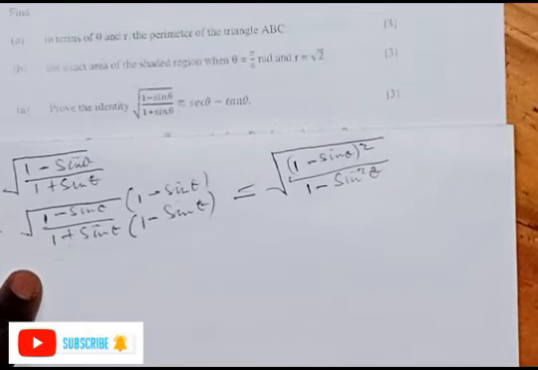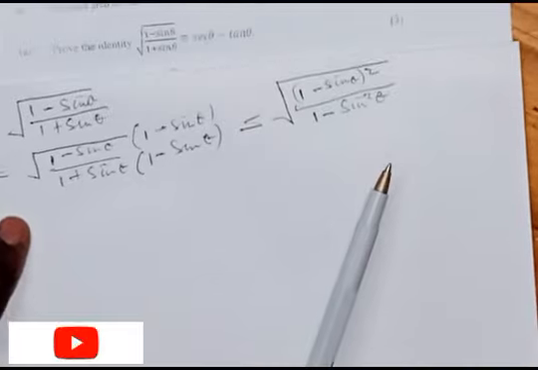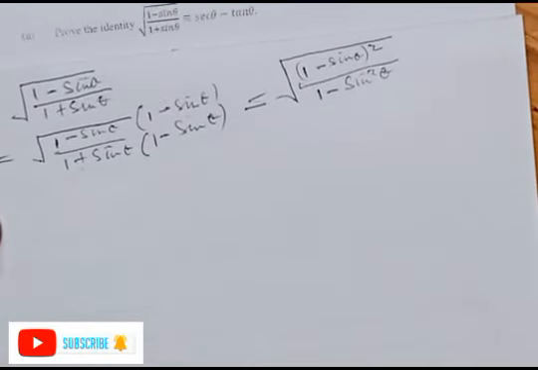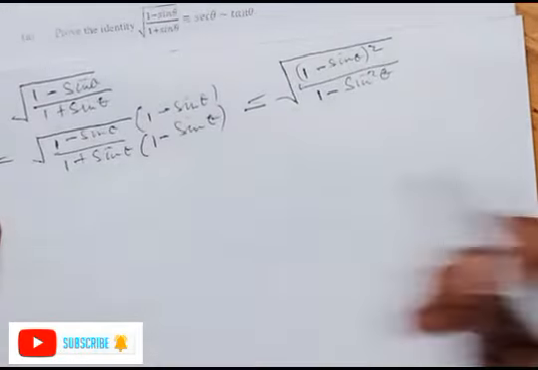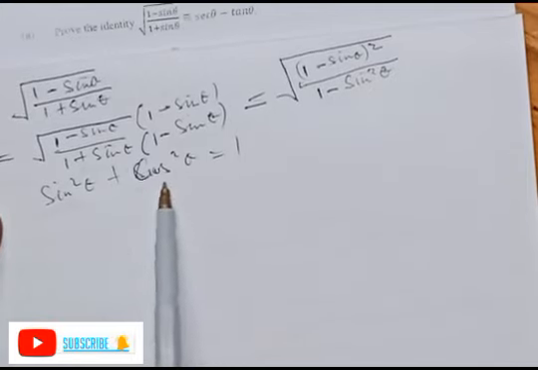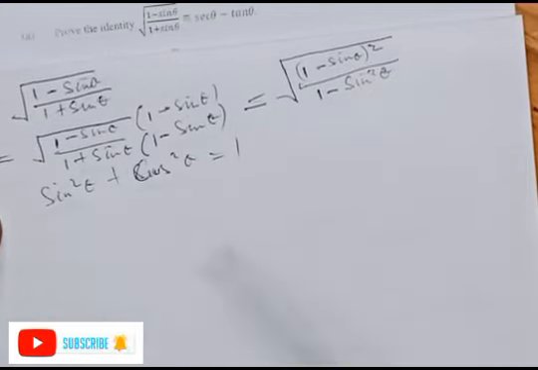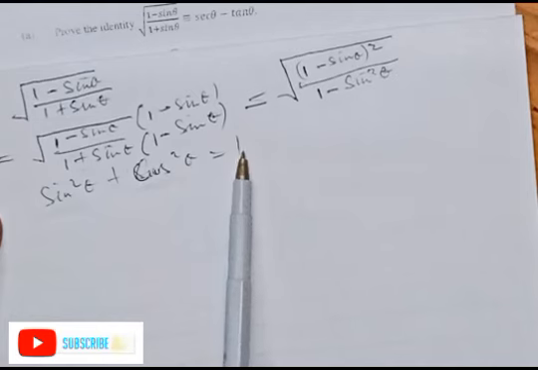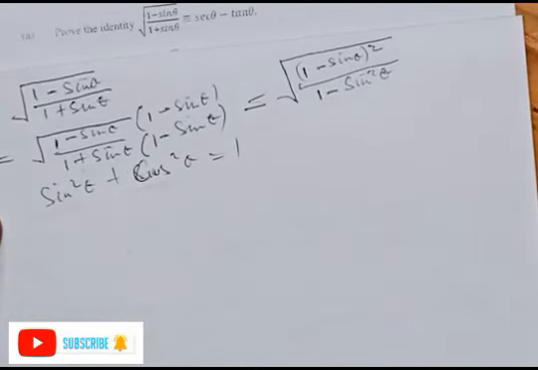So the identity of 1 minus sin squared theta is cos squared theta.